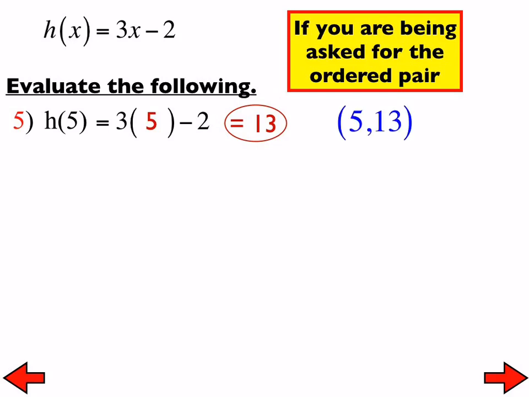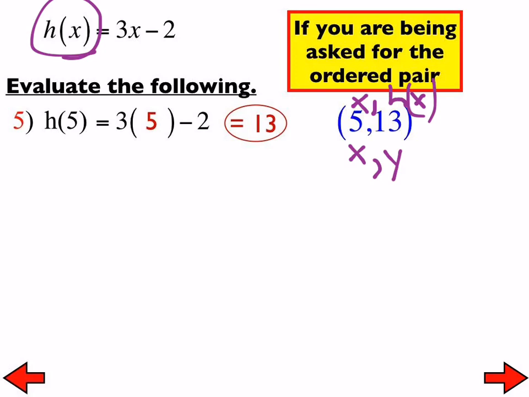Now, one thing I want to make very clear here, because this is going to help in the next block of problems, is that typically these ordered pairs are in the form x, y. And they still really are. But now, for function, y is being replaced with h of x. So in function notation, for this block of problems, they're really x, h of x.